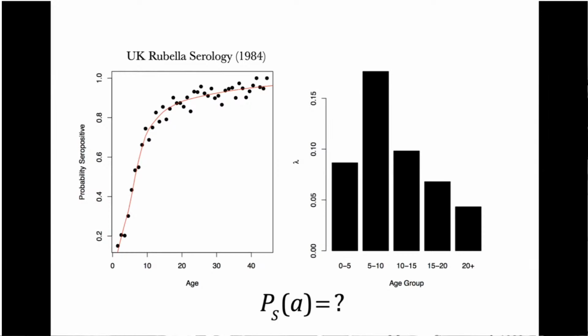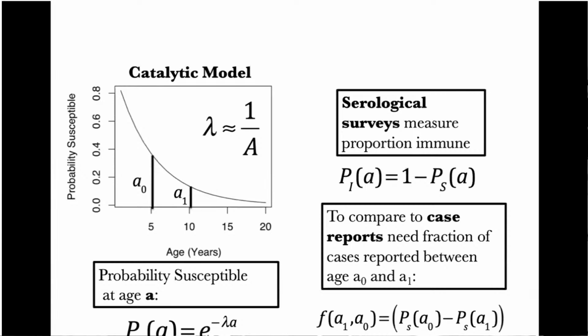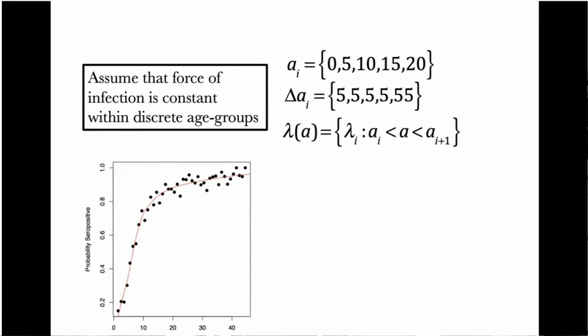The x-axis there shows a proportion seropositive for rubella IgG, I think, and age. And the right-hand side basically is what the force of infection function looks like for rubella by age group. Then the question is, how do you calculate the proportion susceptible in that setup?